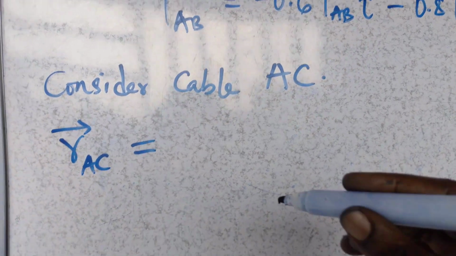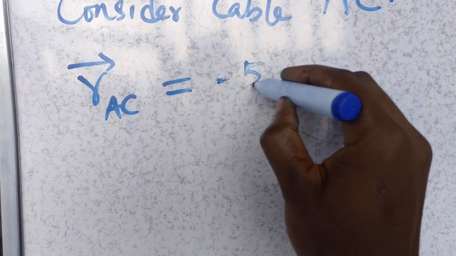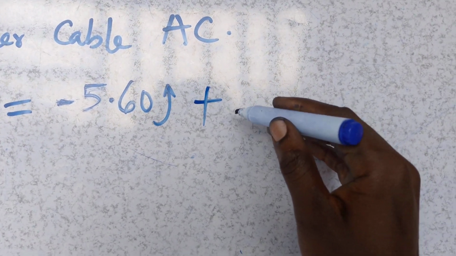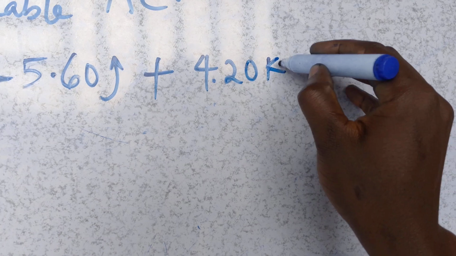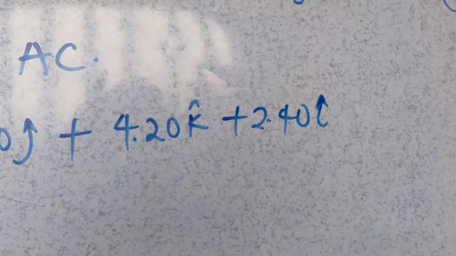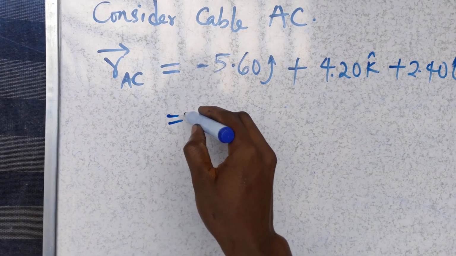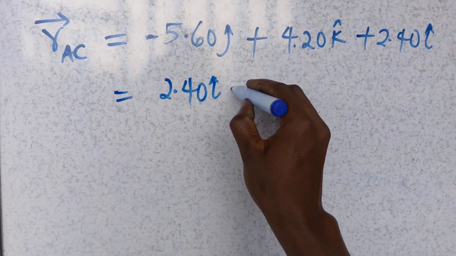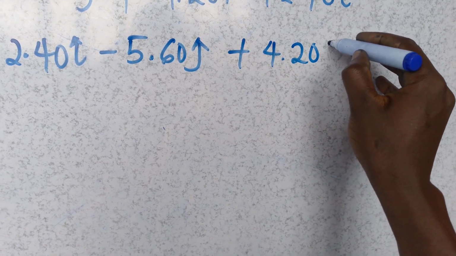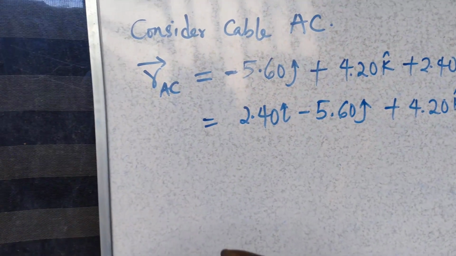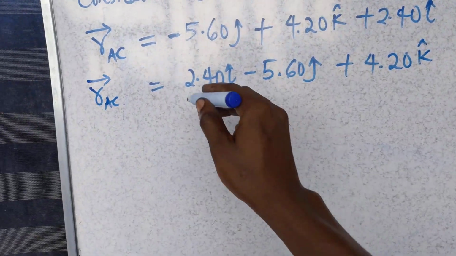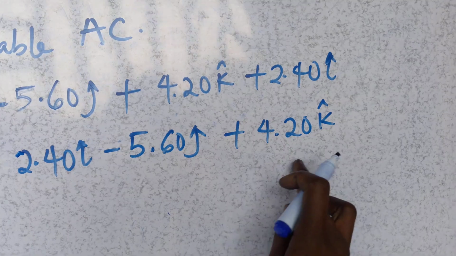So RAC now will be minus 5.60 J plus 4.20 K plus 2.40 I. If I arrange it properly, I'll have 2.40 I minus 5.60 J plus 4.20 K. This is RAC, my position vector, with its I, J, and K coordinates.